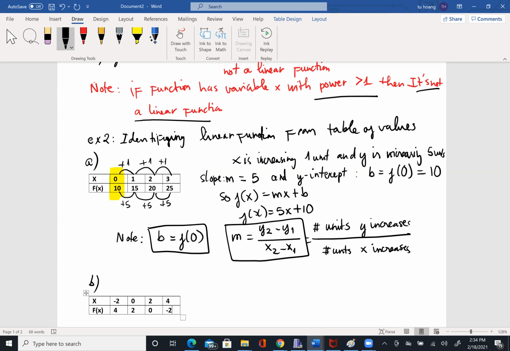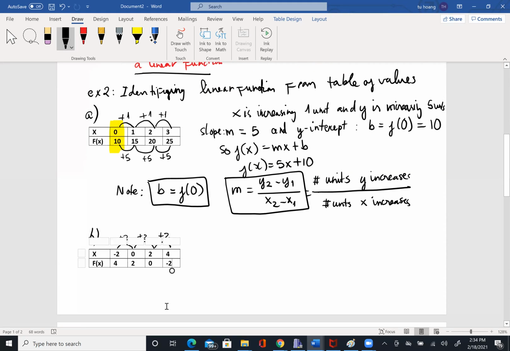So firstly, you need to check if it is changing constantly for x and y. I know that it's adding 2 for each x, right? See that? But what happened with the y?